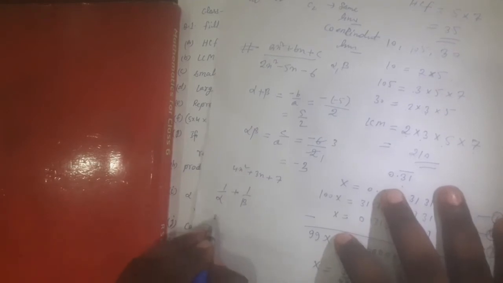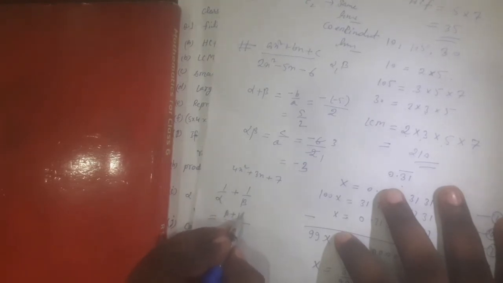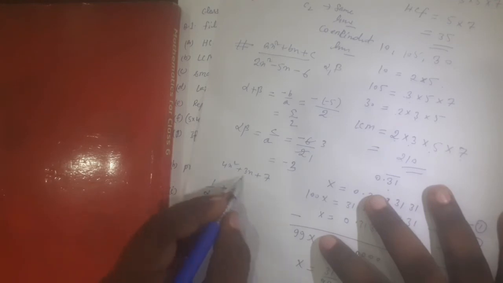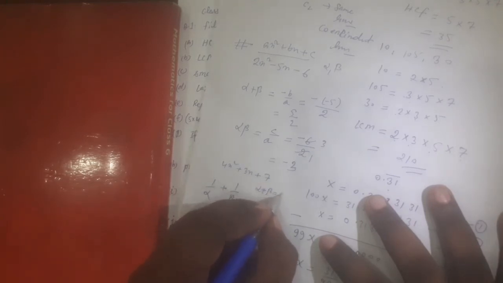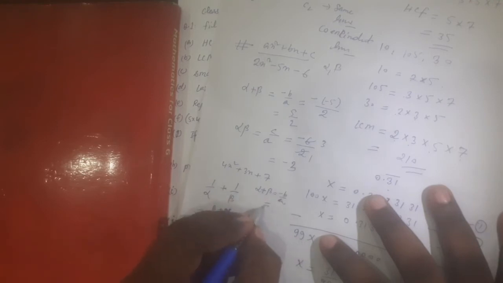So what it will be here, you can add it. The LCM is alpha into beta, and the numerator is beta plus alpha, and see in this situation alpha plus beta is minus b upon a, which is equal to minus b, b is 3, and a, what is a here, the value of a is 4, so it will be minus 3 by 4.